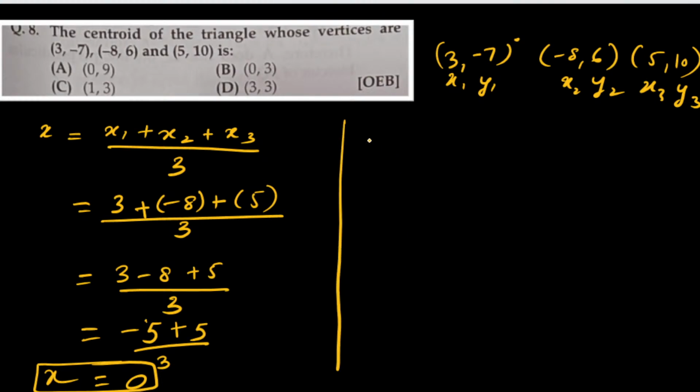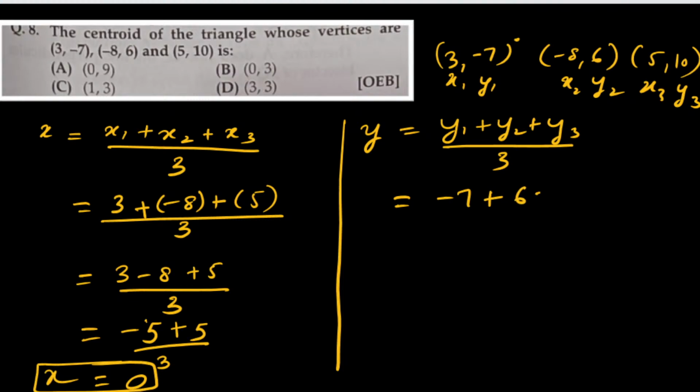Let's find the y coordinate now. So y is equal to y1 plus y2 plus y3 by 3. y1 is minus 7, y2 is 6 and y3 is 10. So minus 7 plus 6 is minus 1, plus 10, by 3.